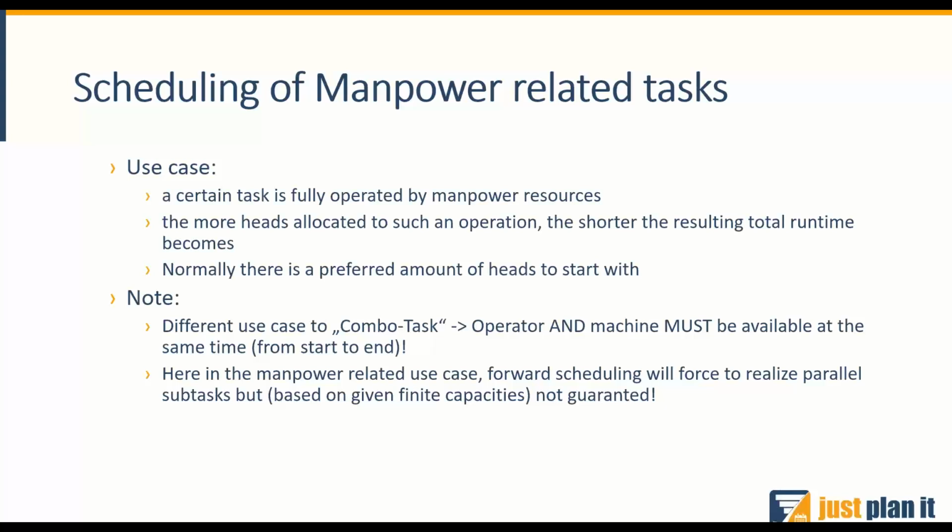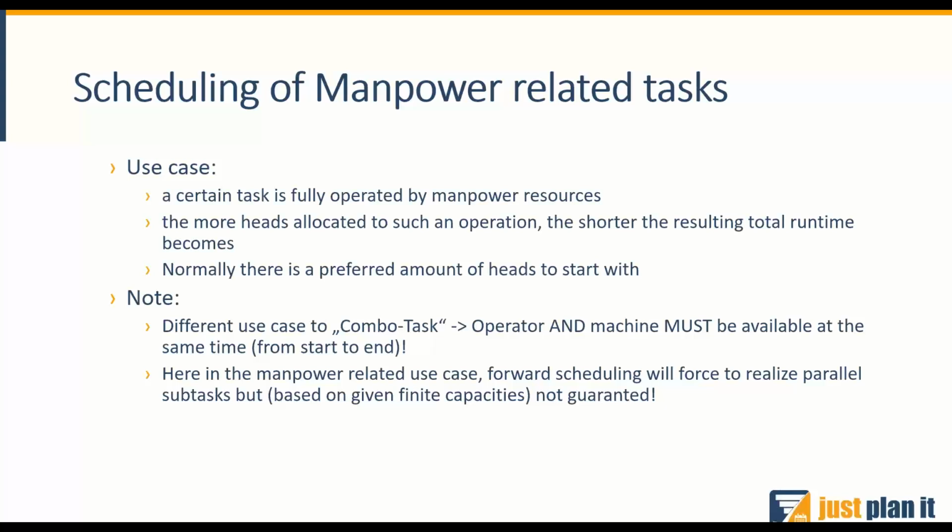Please note that this is a very different use case to combo tasks, which means that, for example, an operator and a machine must be available at the same time from start to end, like we had before the update. You were always able to set 2 resource group constraints for a given task, and those would have ensured that both resources are available in the same time frame.